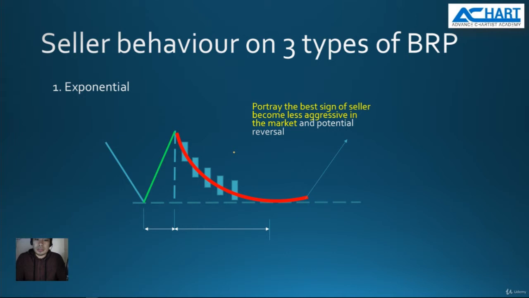It appears in all three types of bottom reversal pattern. If it appears as exponential or parabolic, there is a high chance that the seller becomes really less aggressive, and this has been proven a lot in the pattern.